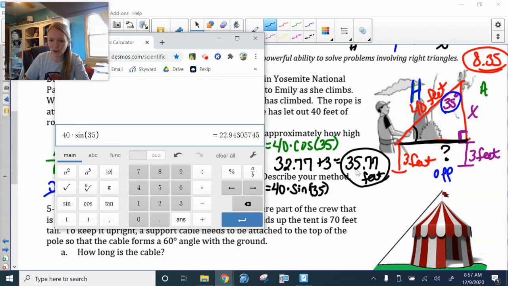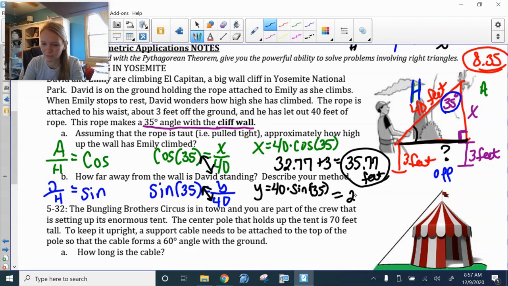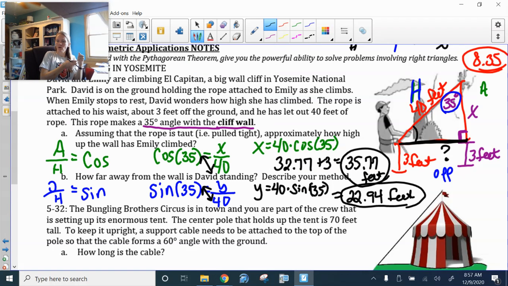There we go. 22.94. So he's basically 23 feet away, holding the rope while she's climbing up. That's really all that's talking about there.